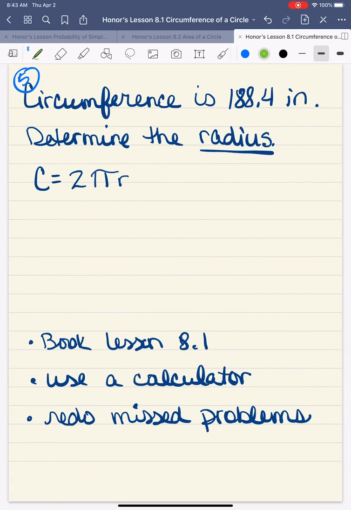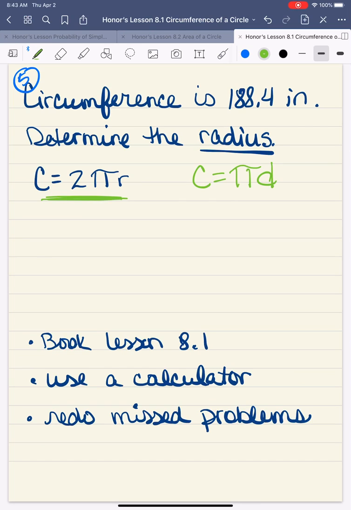Okay, example 5 is similar. They've given us the circumference and we're finding the radius. So part of it is similar in that they're giving us the circumference, but the part that's different is instead of just finding diameter, we're going to find radius. We can use this formula, or if you want to stay with the same formula, you can do that and find diameter first and then take half to find radius.